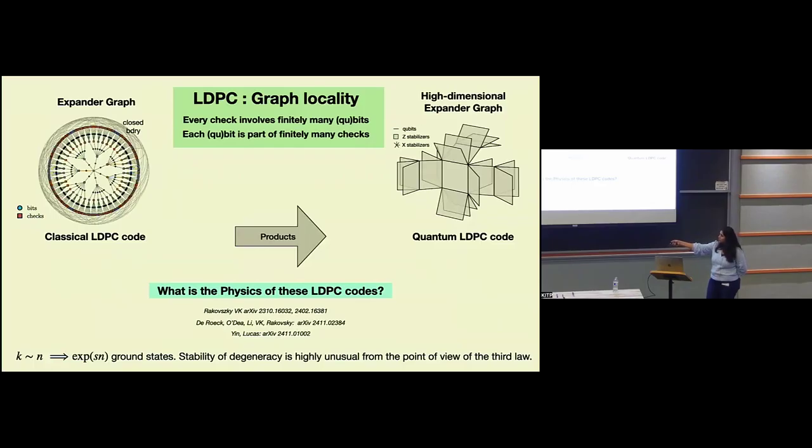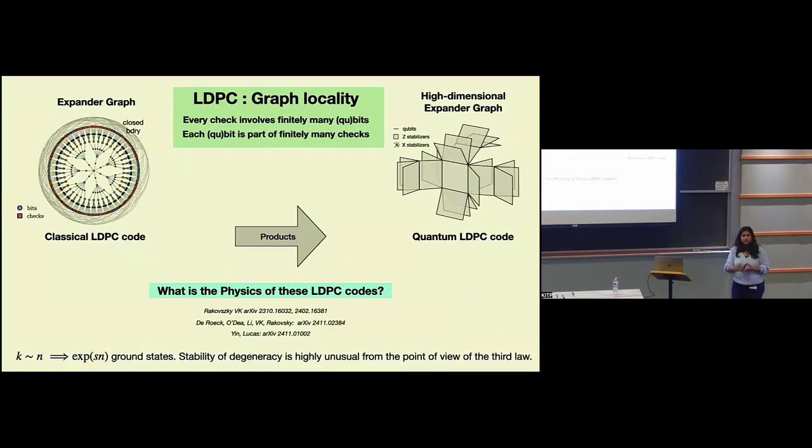What we showed is that if you act with perturbations that are weak but local on this graph, then much like results that exist for finite dimensional Euclidean systems by Matt Hastings and collaborators, the gap remains open and the ground state degeneracy is split by an amount that's exponentially small in system size.